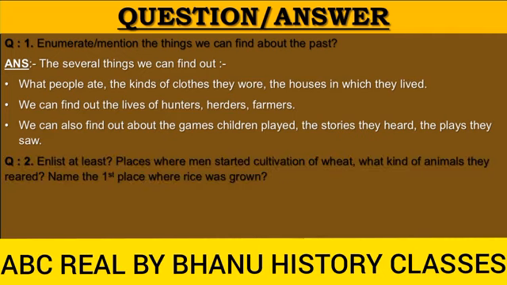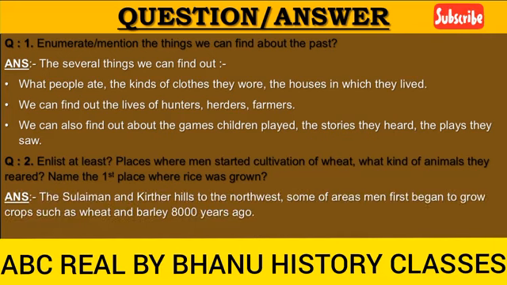Question number 2: Enlist at least places where men started cultivation of wheat. What kinds of animals were reared in the first place where rice was grown? Answer of this question is the Suleiman and Kirthar Hills to the northwest.